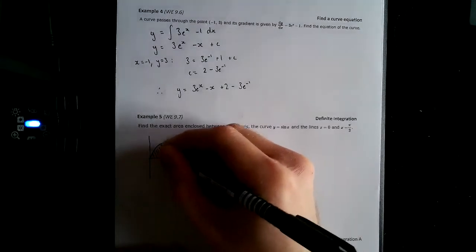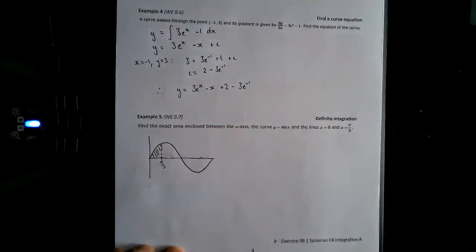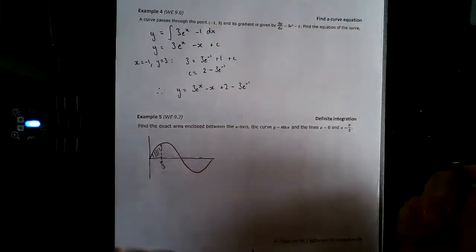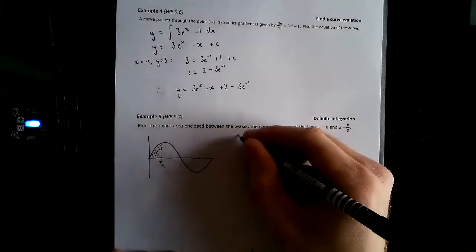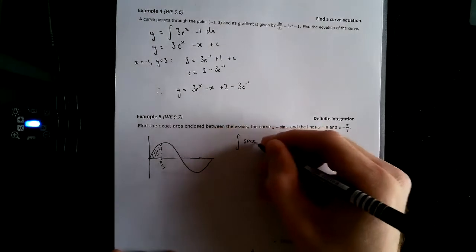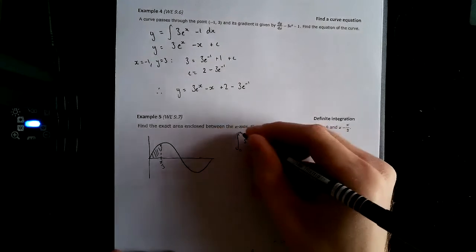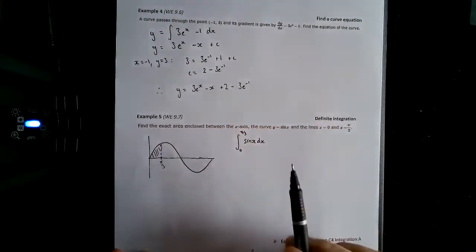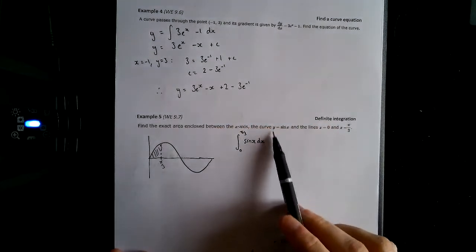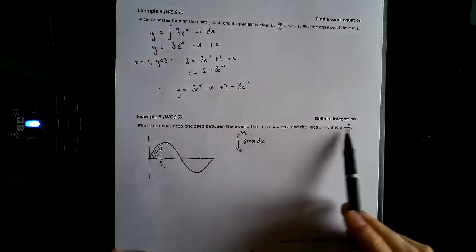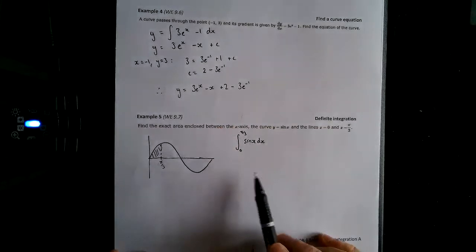So that's the area we're trying to work out. To find areas, we know we integrate. So we're going to integrate sine x dx between 0 and pi over 3. Now, whenever we differentiate or integrate with trig, we need to be in radians. So that's why the question's put in radians for us.